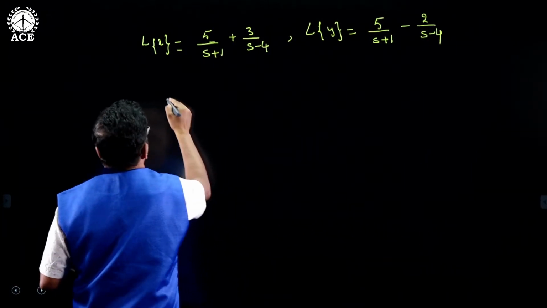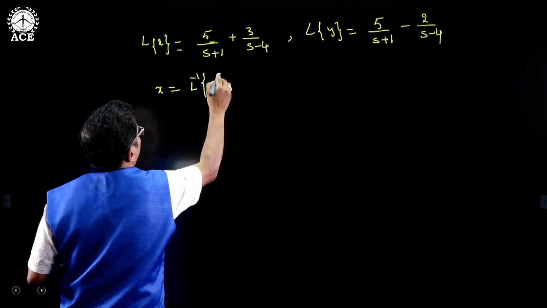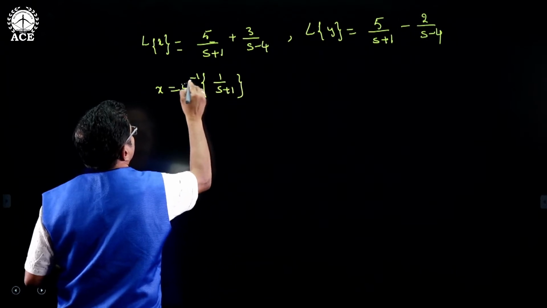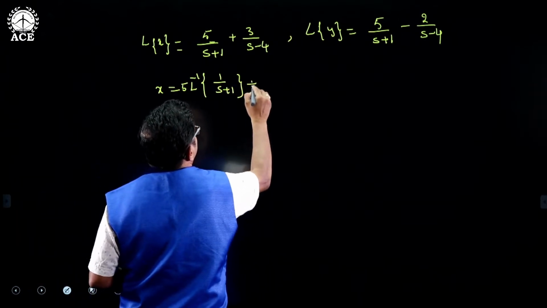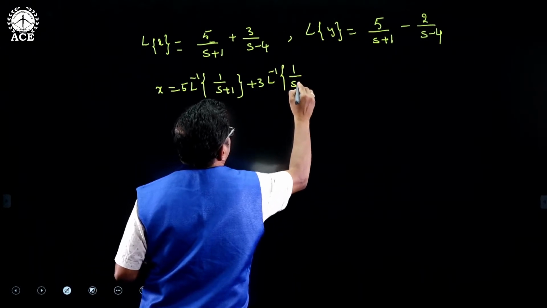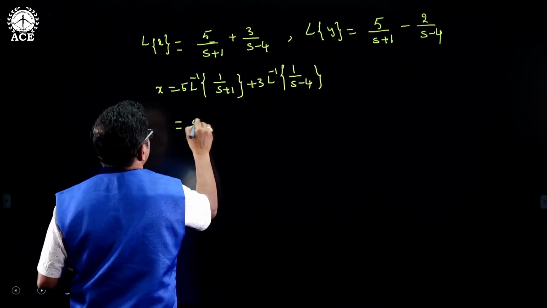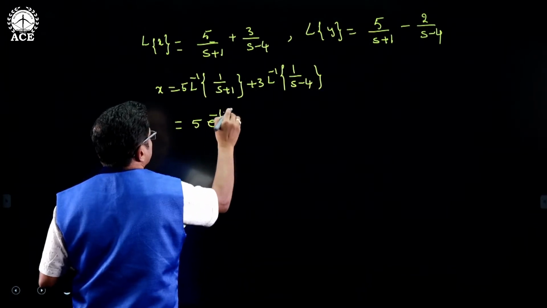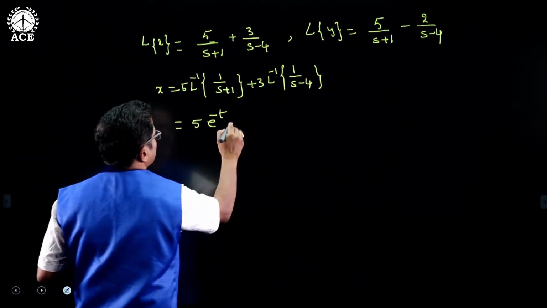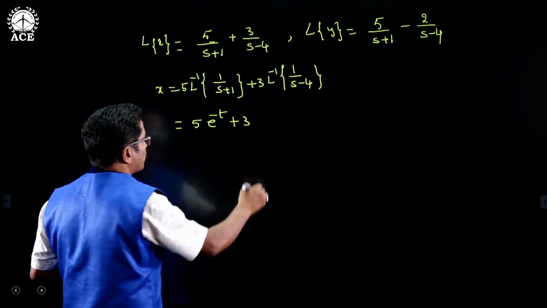Then x equals, directly I am writing, 5 into L inverse of 1 by s plus 1 plus 3 into L inverse of 1 by s minus 4, which is equal to 5 into e power minus t, since L inverse of 1 by s plus 1 is e power minus t, plus 3 into e power 4t, since L inverse of 1 by s minus 4 is e power 4t.